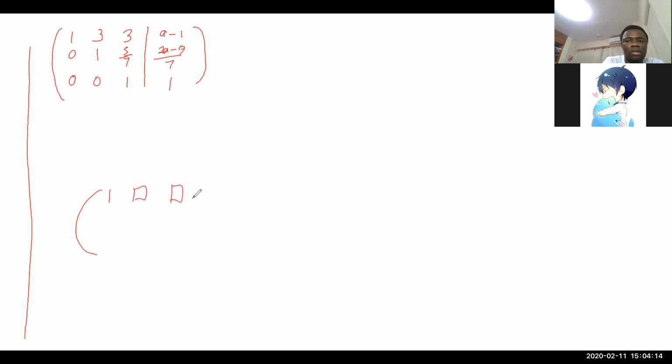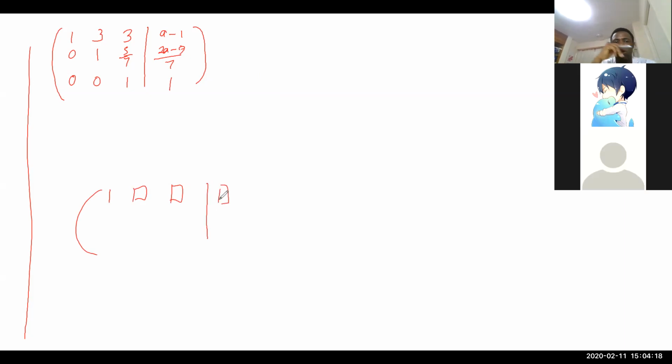What is Z? I mean that in row 3 should be 0. Z in row 3 should be 0, yeah? And for row 3, the last one also should be 0. So like 0, 0? Yeah.